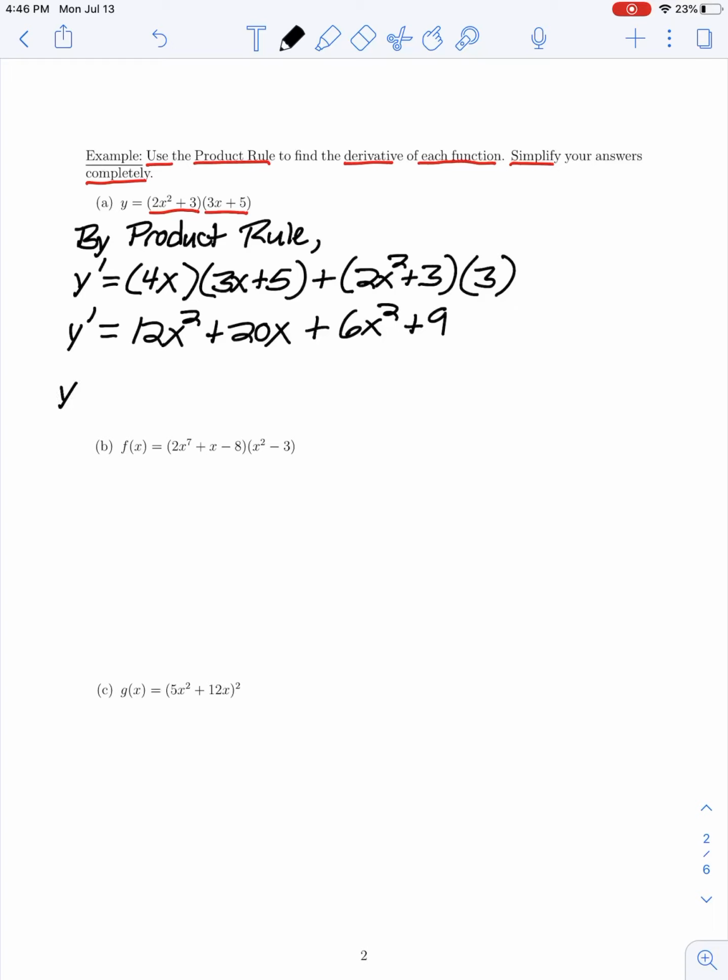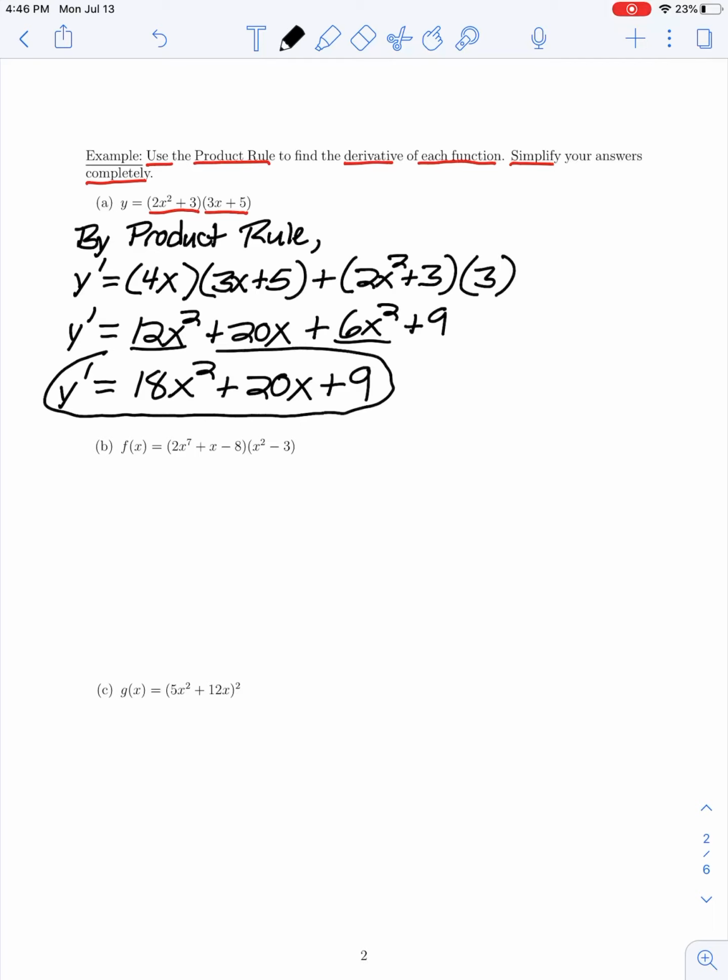So grouping like terms together, well, we had a 12x squared and a 6x squared. So altogether 18x squared. Then plus 20x plus 9. So this is our expression in simplified form for the derivative of that product.